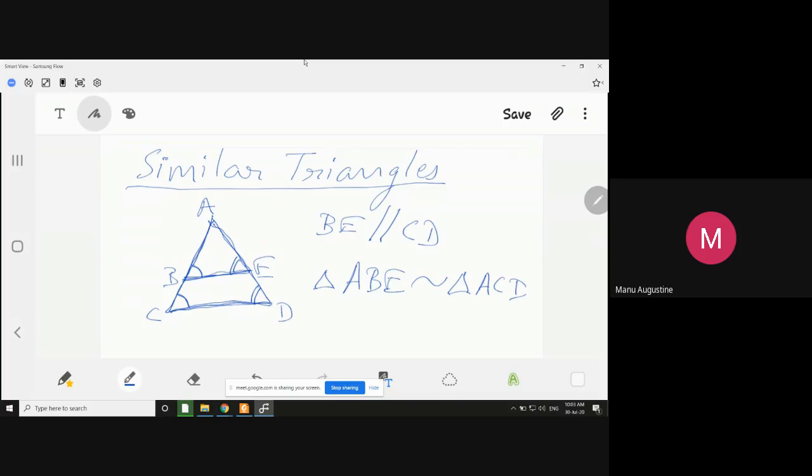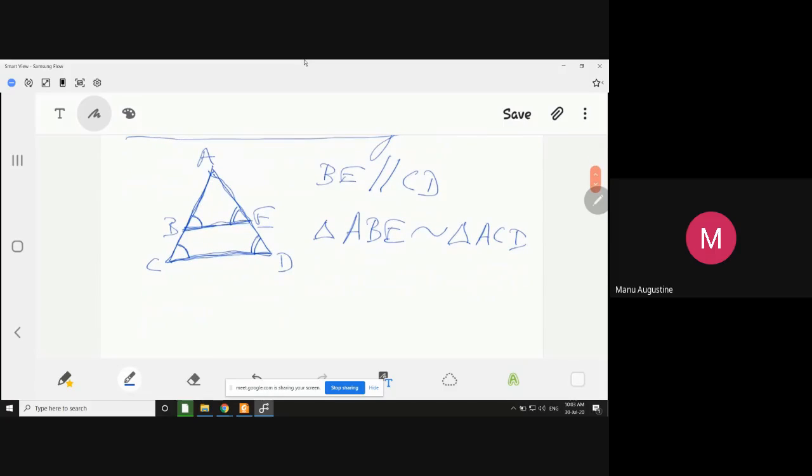And that is the only requirement for any two triangles to be similar to each other. If any two corresponding angles of the two different triangles are the same, then those triangles must be similar. Now you have learned the concept of congruent triangles also. But there is a very essential difference between congruent triangles and similar triangles.